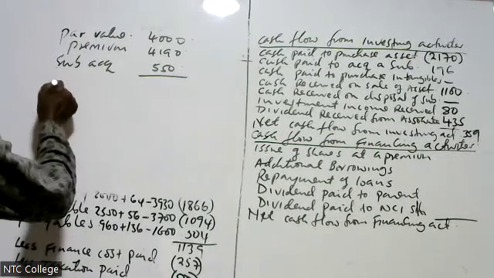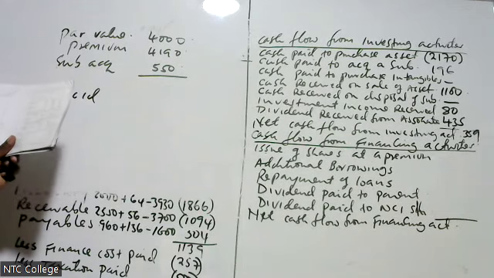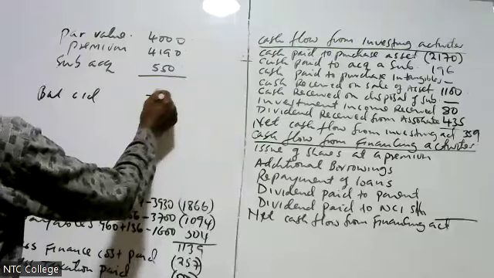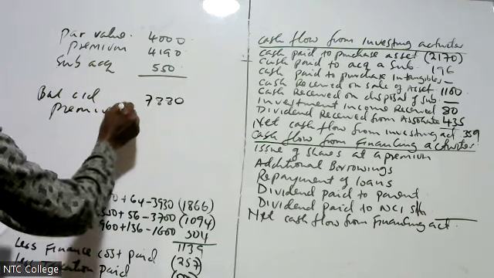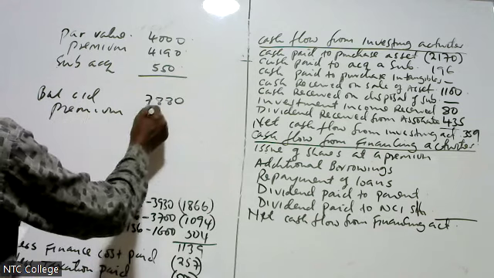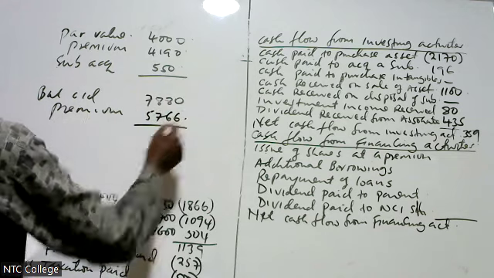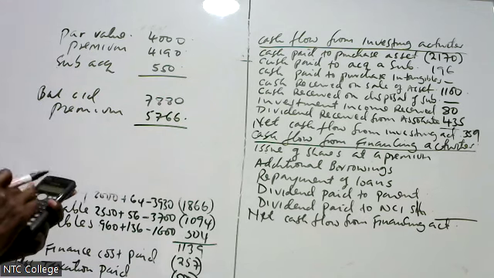Then we compare with balance carried down. Par value was 7,800. Premium is 5,7.